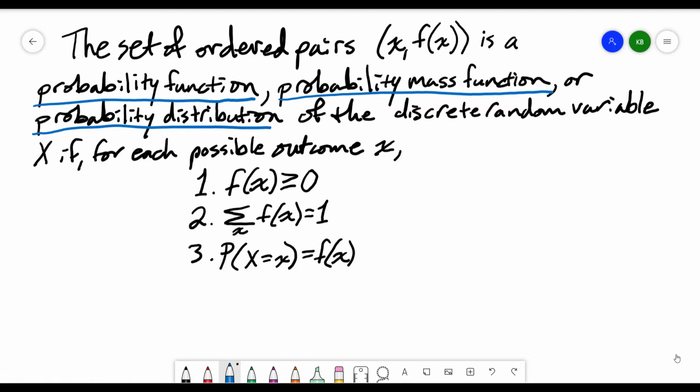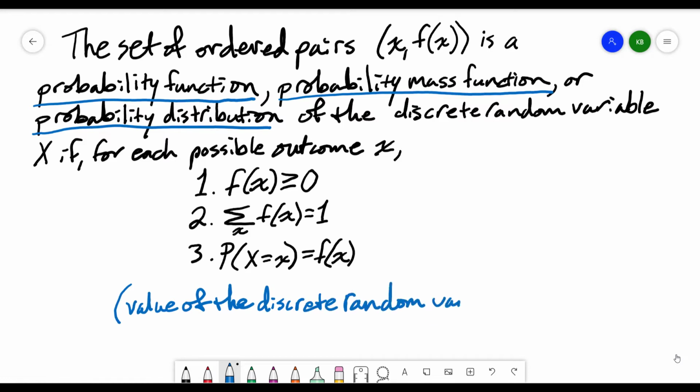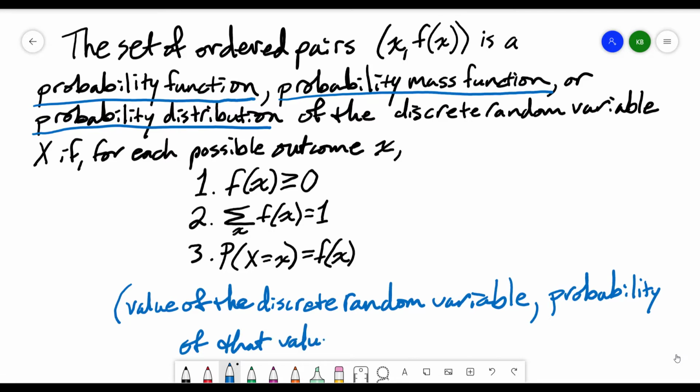So what these really are is ordered pairs with the value of the discrete random variable as the first part of our ordered pair, and the probability of that value as the second element in our ordered pair.